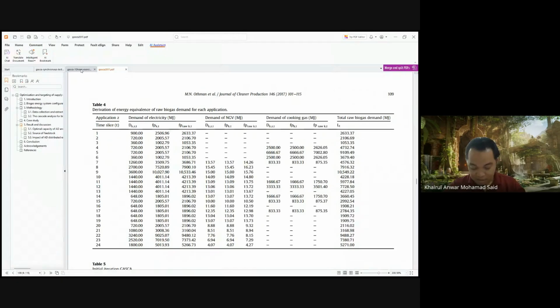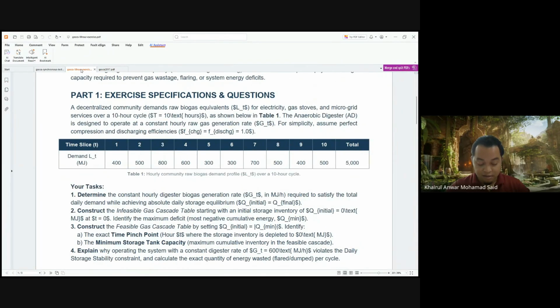So you start your calculation to determine the value of GT. How about you start with 500 GT. Yeah, then 500 GT.